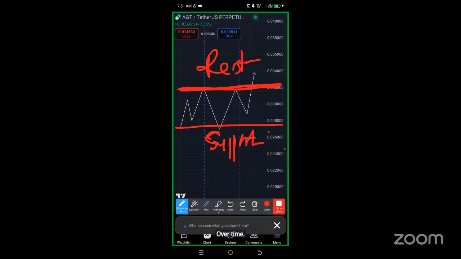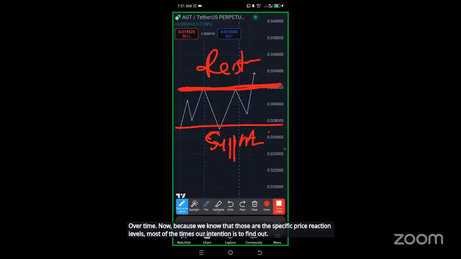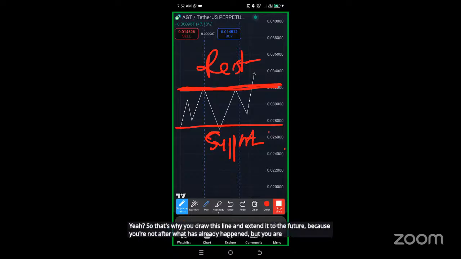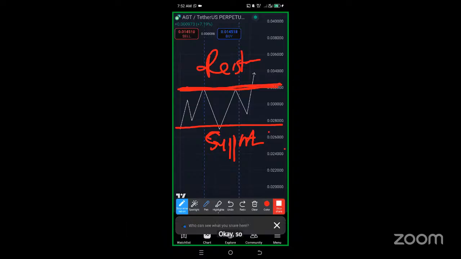Now, because we know that those are the specific price reaction levels, most of the time our intention is to find out how the price in the future will react to this specific price level upon approaching them. So that's why you draw this line and extend it to the future, because you're not after what has already happened, but you are after what is most likely going to happen in the future. So you draw this line very well, and then you relax and see how price fares.